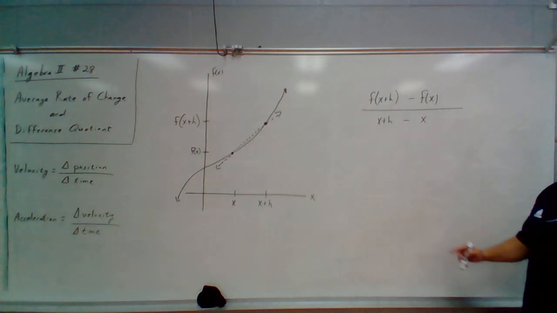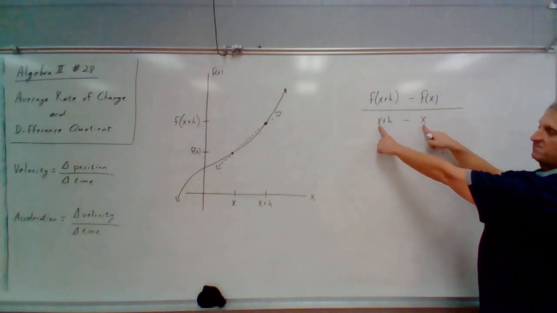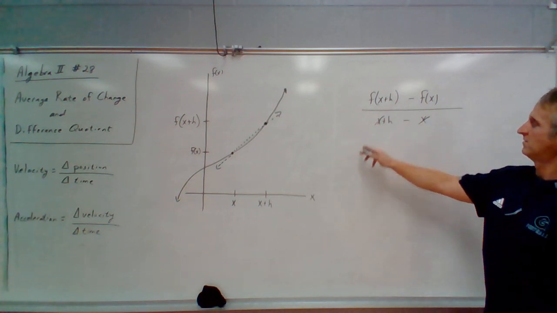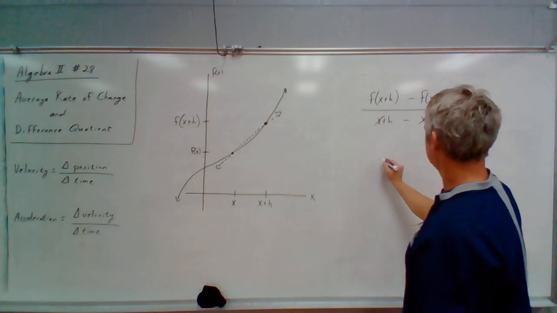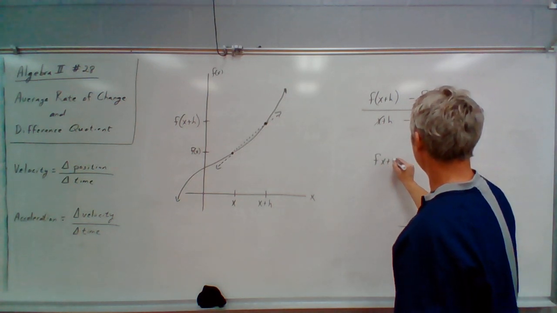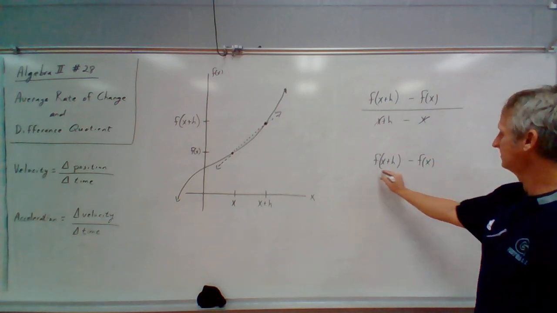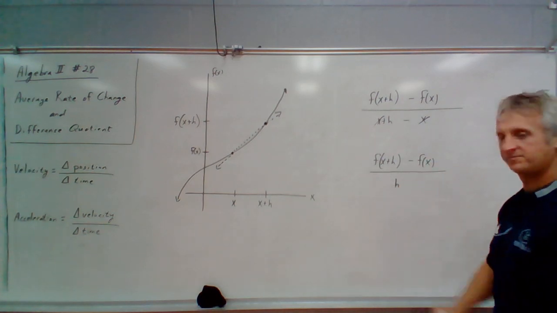I can simplify this a little bit. Down here on the bottom, my x's will cancel. X minus x, those go away, and I'm just left with h. So I have f of x plus h minus f of x, all over h.